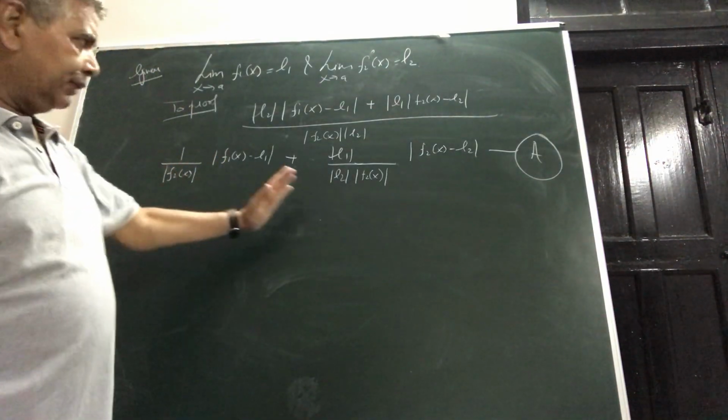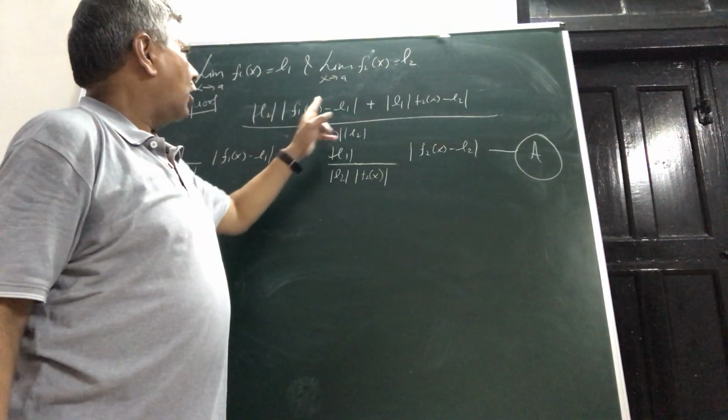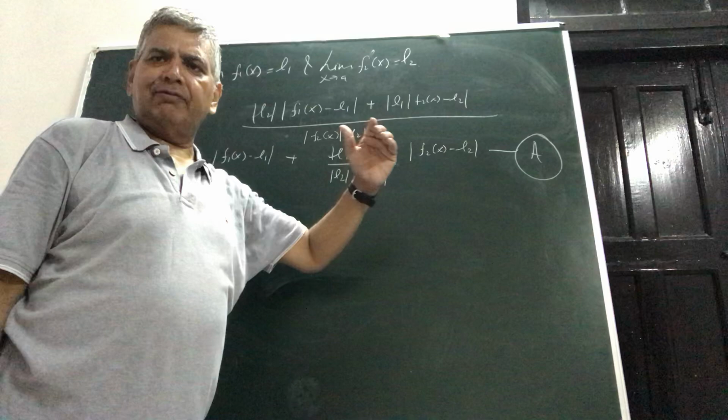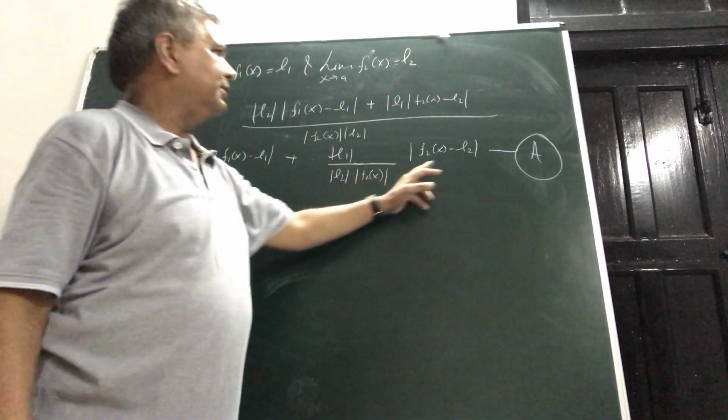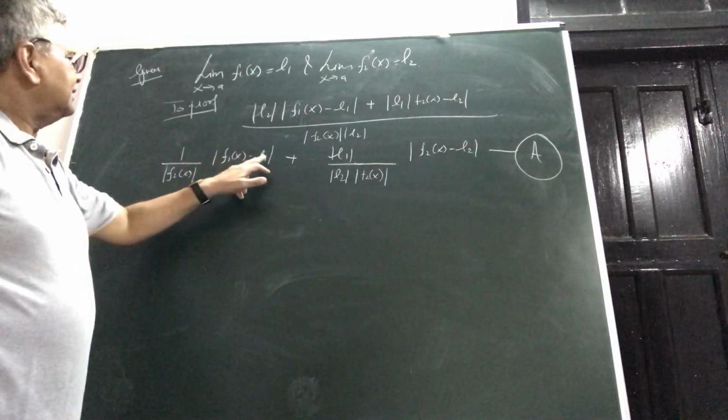But before we search, this much simplification we have done of mod f1 upon f2 minus L1 upon L2, and it is practically giving me this result A. Now we have to be wide enough. How to get this thing? This has to be this.